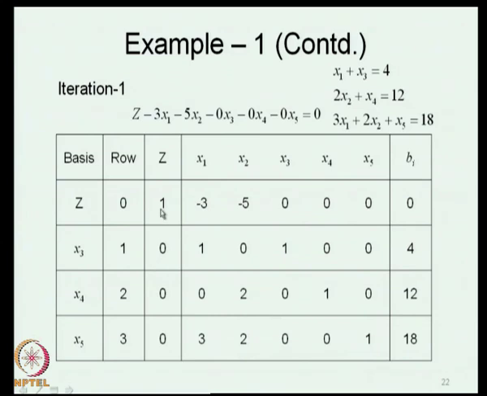So, this column consists of coefficients of z in each of these rows. In row 0, the coefficient of z is 1, we write 1 here. In all other rows, row number 1, row number 2 and row number 3, there is no z, and therefore the coefficient of z is 0, so we write 0, 0, 0. So, this column we simply wrote the coefficients of z in each of these rows: 1, 0, 0, 0.